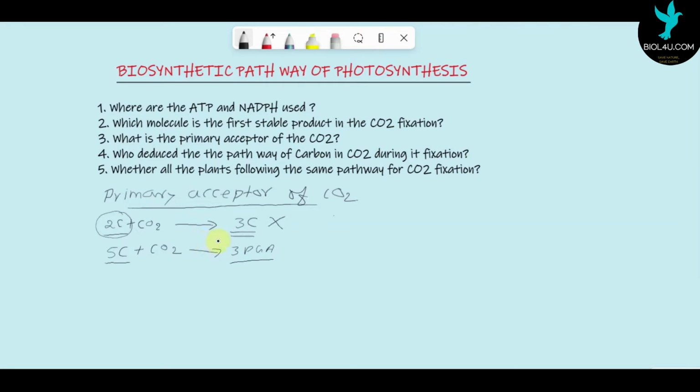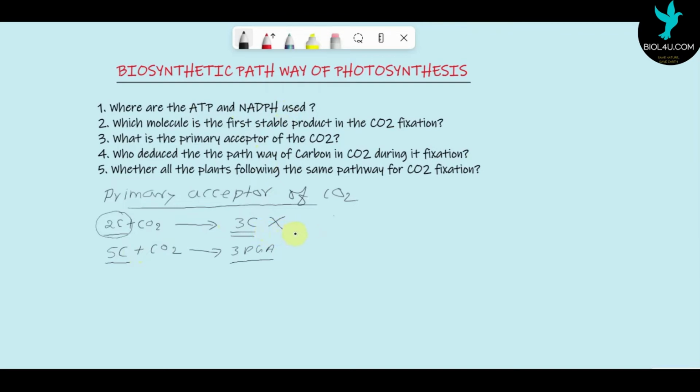So up to now we know that the first stable product is 3-PGA, a 3-carbon compound, and in some plants the 4-carbon compound oxaloacetic acid. The chemical that fixes carbon dioxide is not a 2-carbon compound, it is a 5-carbon compound. The products of the light reaction, ATP and NADPH, are used for running the biosynthetic pathway.